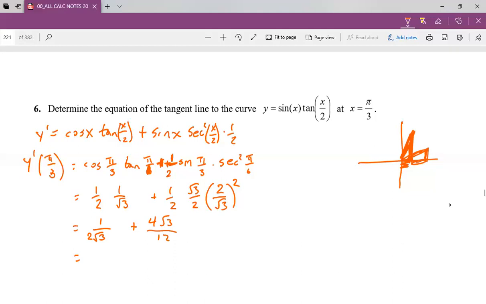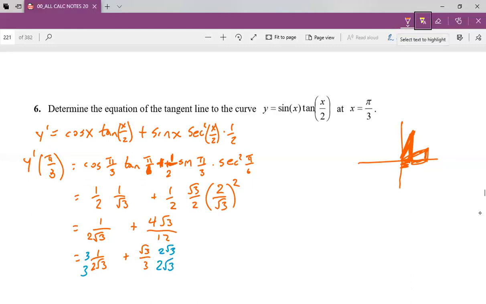That ends up being equal to 1 over 2 root 3 plus root 3 over 3. Let's get a common denominator here. Let's multiply this up and down by 2 root 3, and this one up and down by 3.